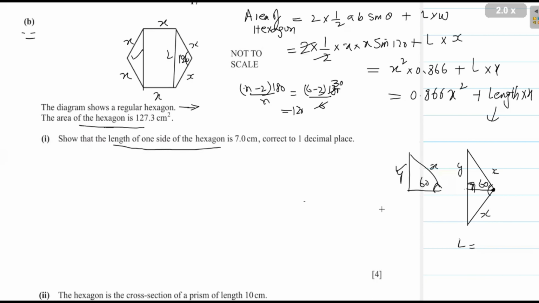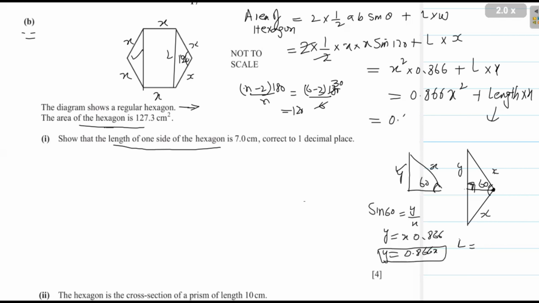Now we use the formula sine 60 equals y over x. Therefore, y will be equal to x into sine 60. Sine 60 is 0.866. Therefore, 0.866x is the length of y. The total length will be equal to 2y.